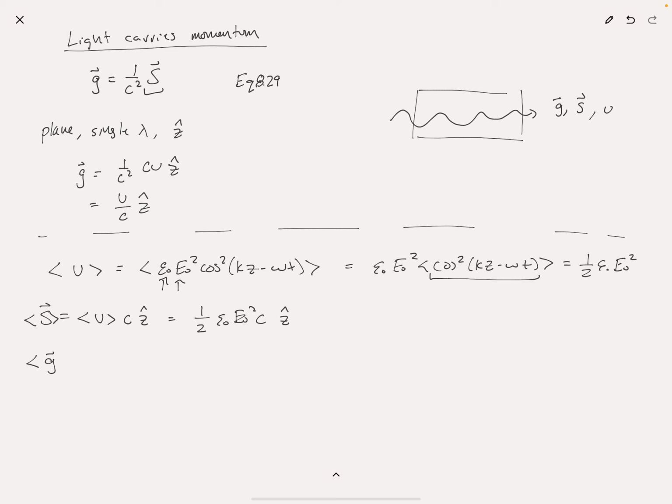And then my average momentum is the average of U over C in the z hat direction, which is 1/2 epsilon naught over C E0 squared z hat. All right, so light has a well-defined energy density. The rate at which energy travels can be determined by the Poynting vector, and it has a momentum associated with it as well.